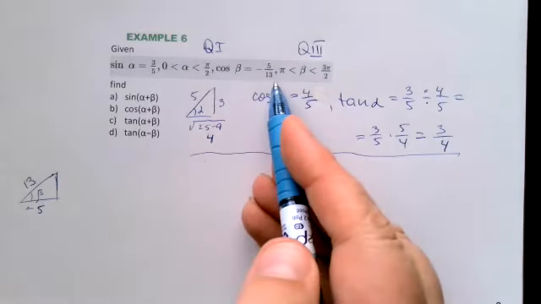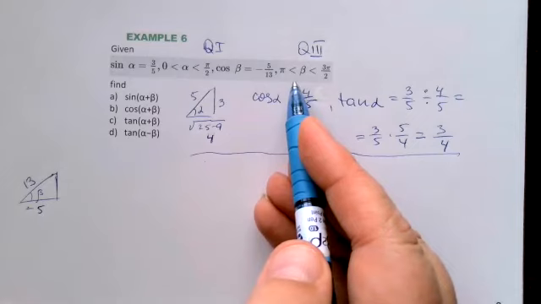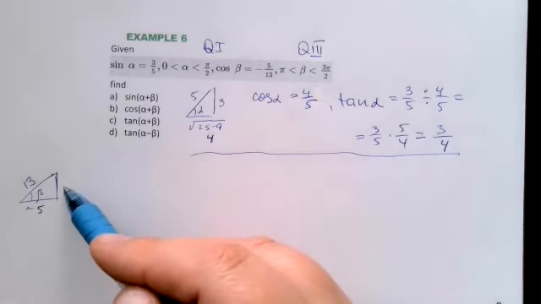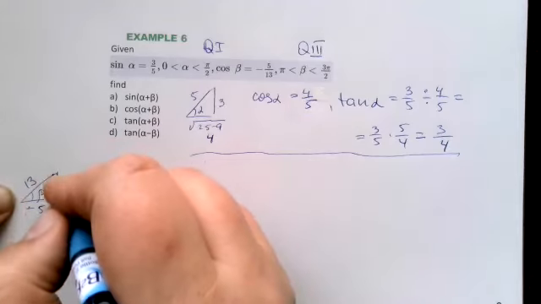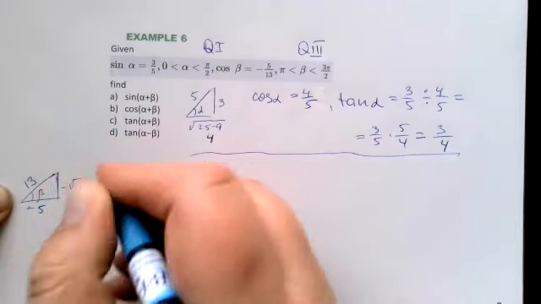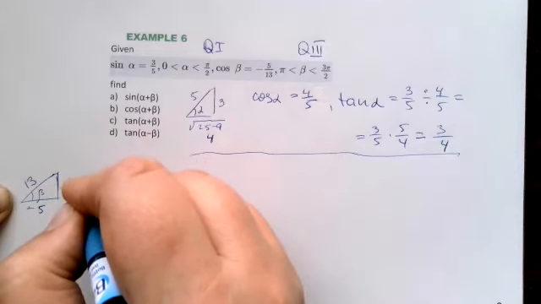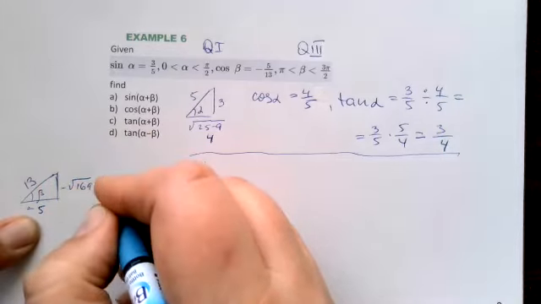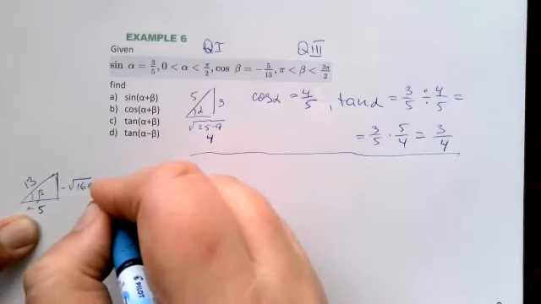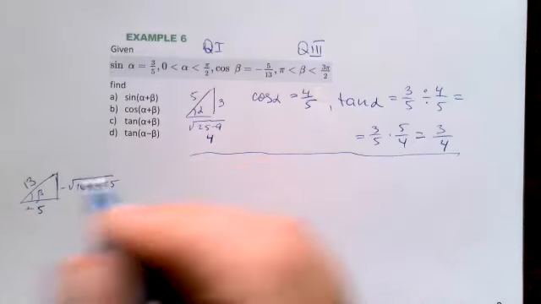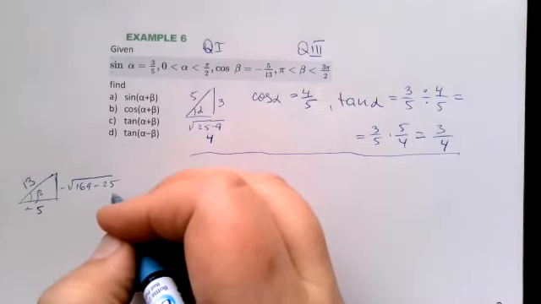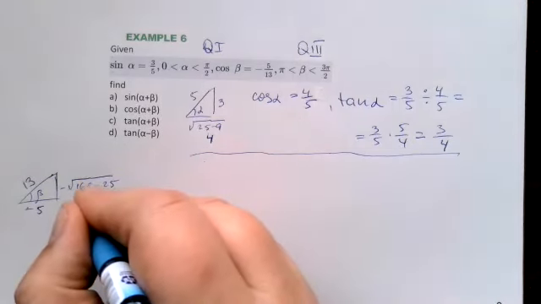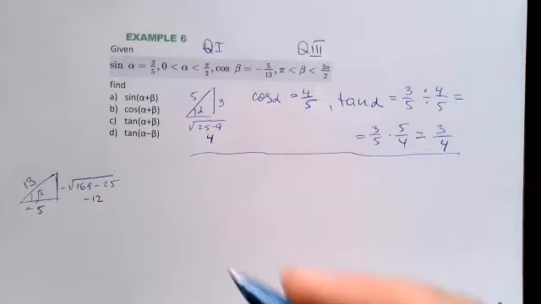Now, in the third quadrant, both sine and cosine are negative, right? So we're going to have a negative value here as well. So what is this? It's the square root of 13 squared, which is 169, minus -5 squared, which is 25. So what does that equal? That happens to be the square root of 144, which is -12.